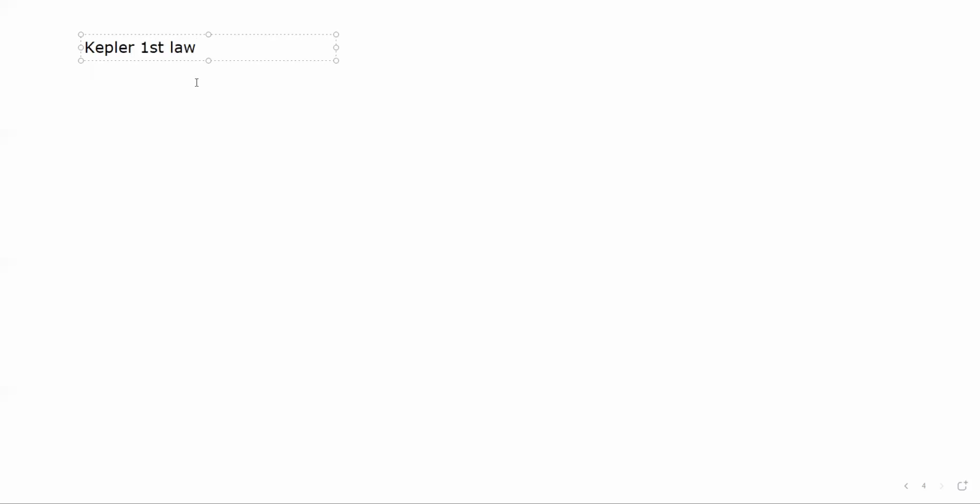According to Kepler's first law, what is the statement of Kepler's first law? Kepler's first law states that every planet orbits the Sun in an ellipse with the Sun at one focus of the ellipse. Maybe in mathematics you have studied the ellipse, the shape.